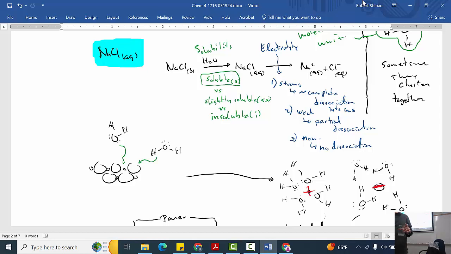The more sodium chloride, the more it conducts. We're not working with batteries a lot, so we're just going to call sodium chloride aqueous, or sodium chloride in general, a strong electrolyte. Now, solid sodium chloride, does it conduct electricity? No.